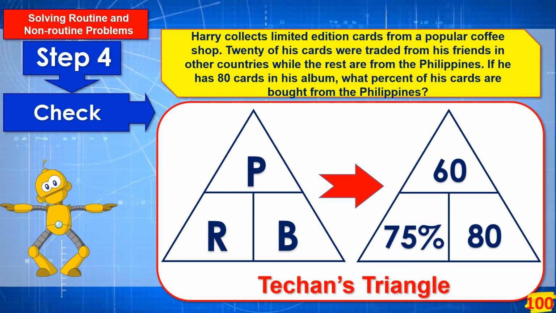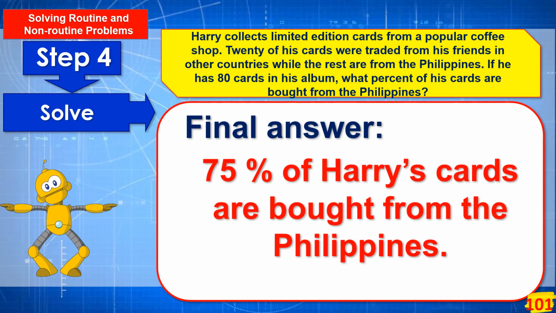To check, using the formula in finding percentage, which is P is equal to R times B, substitute R to 75% or 0.75 and B to 80. 0.75 multiplied by 80 is equal to 60, which is the value of P in the Tetchan's triangle. Therefore, our final answer is correct. 75% of Harry's cards are bought from the Philippines.